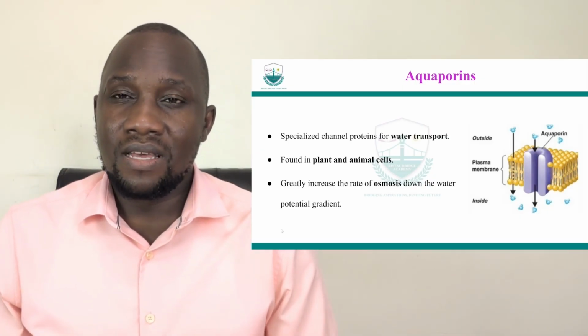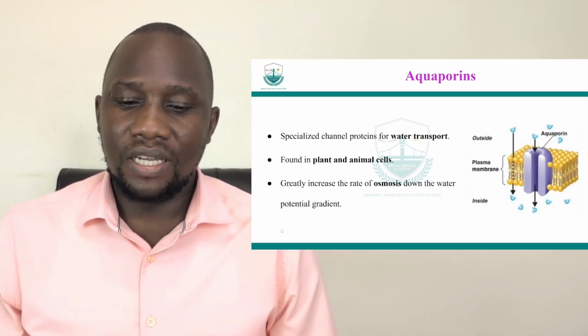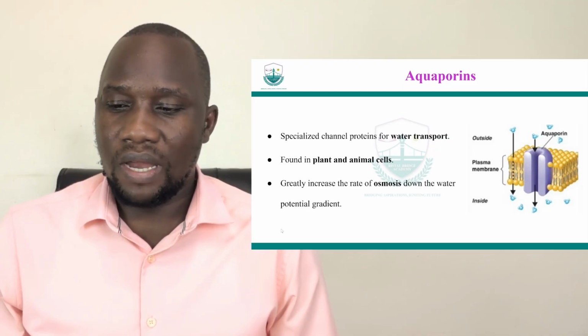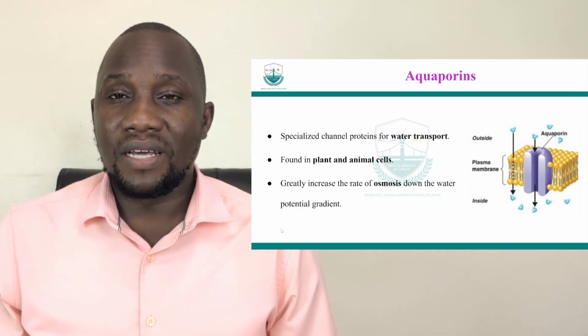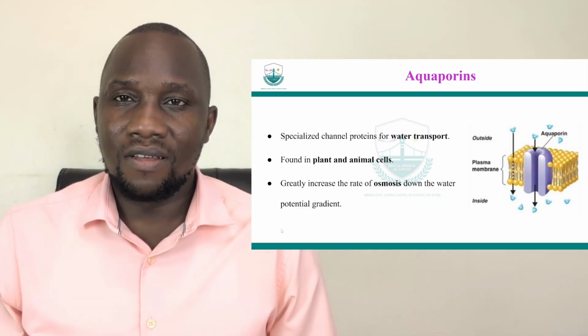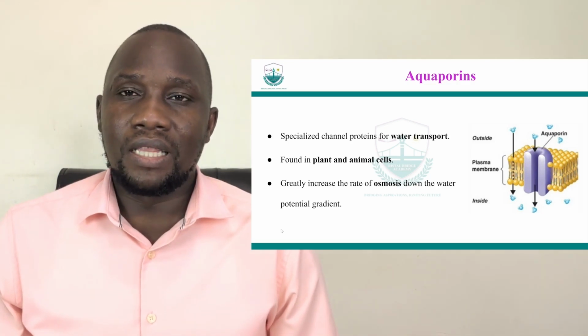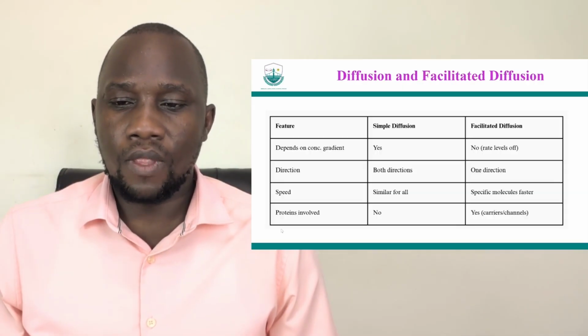They increase the rate of osmosis down the water potential gradient. So across some plant and animal cells, you can have aquaporins that increase the rate of transport of these molecules.